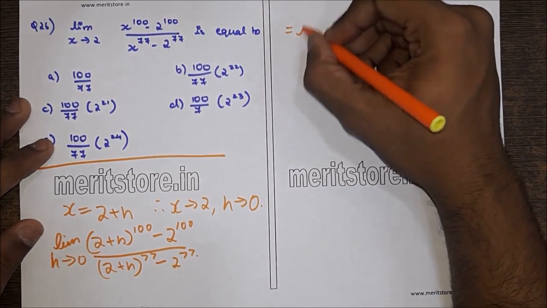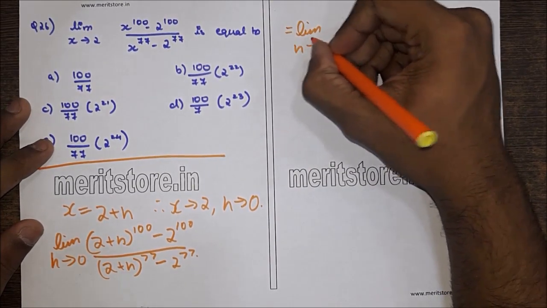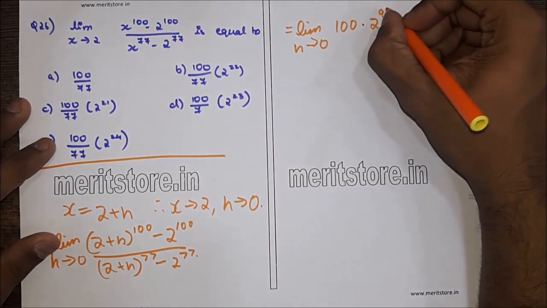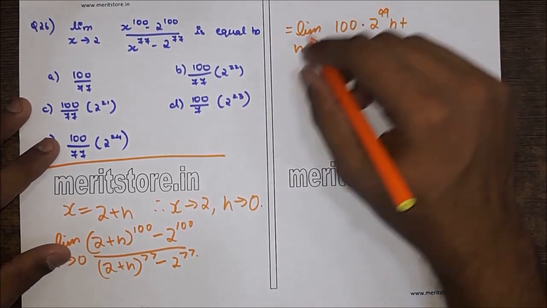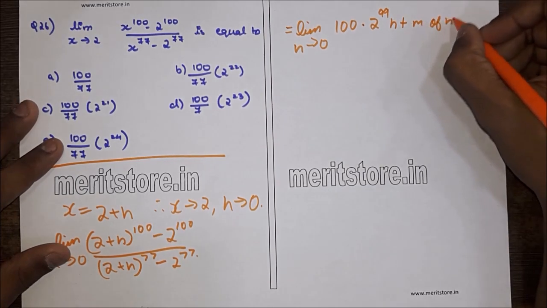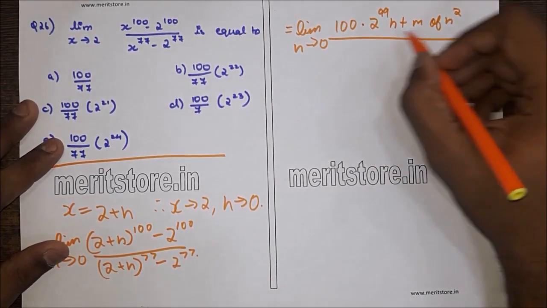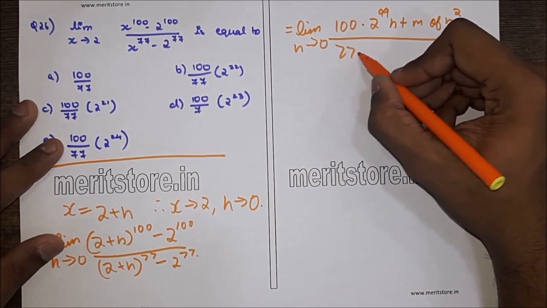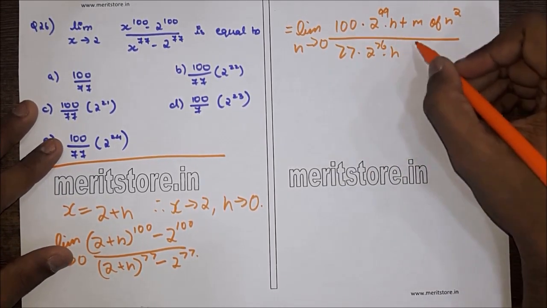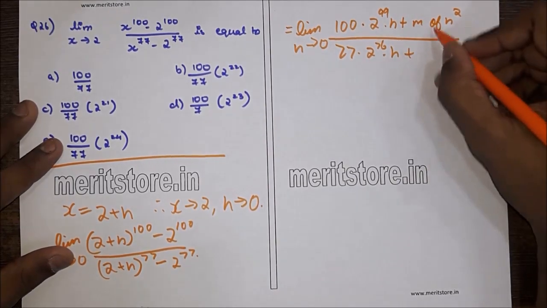Now we have limit of h tends to 0 of 100 into 2^99 h plus all the multiples of h squared, upon 77 into 2^76 into h plus all the multiples of h squared.